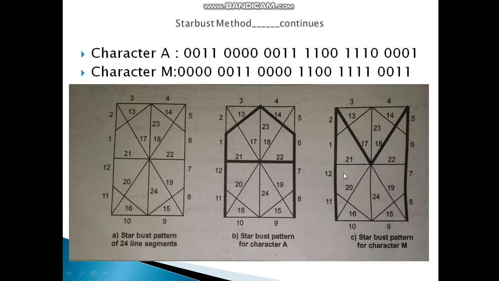So here is diagram C, the starburst pattern for character M. In this M, here are 11, 12, 1, 2, 13, 18, 6, 7 and 8. These parts are put as value 1 and other line segments are 0.